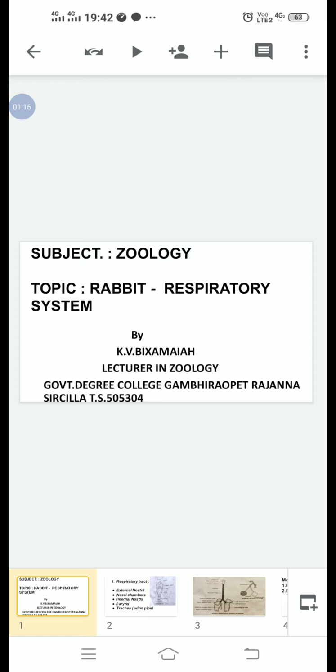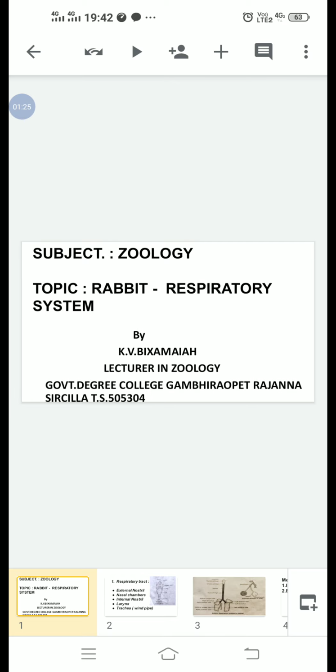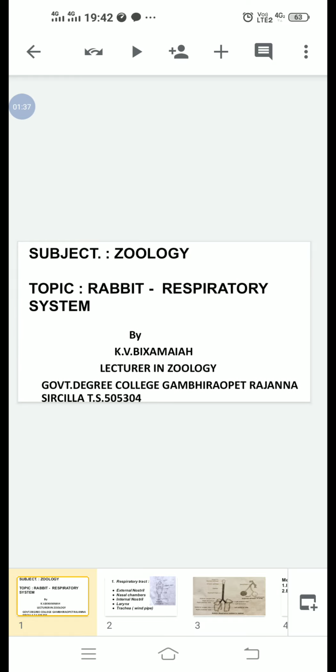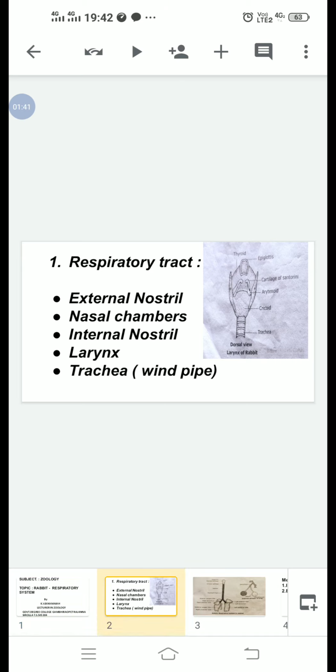The respiratory system of rabbit consists of two components. How many components? Two components. They are respiratory tract and respiratory organs.